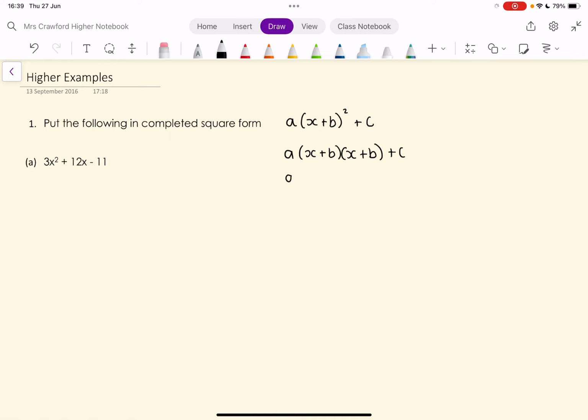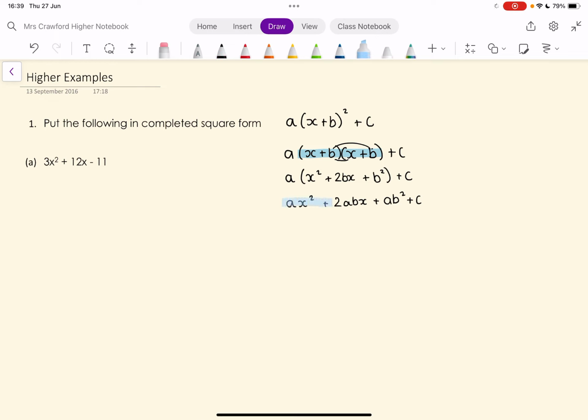Multiplying that out on its own, without the a and the c, I get x times x, which is x squared, b times x twice, so 2bx, and then b squared. Then if I multiply by a, I'll get ax squared plus 2abx plus ab squared plus c.